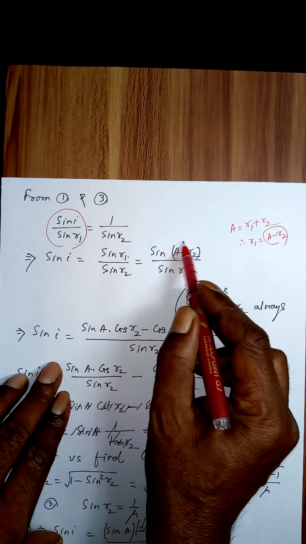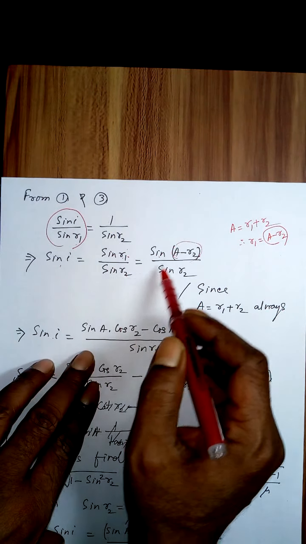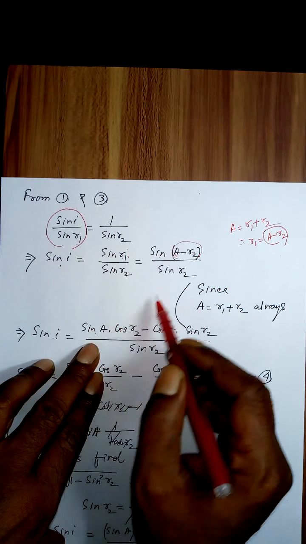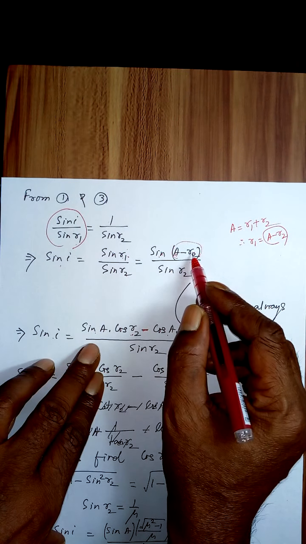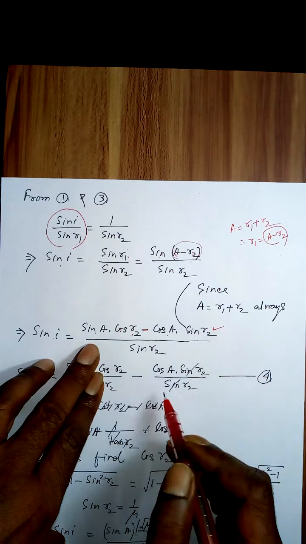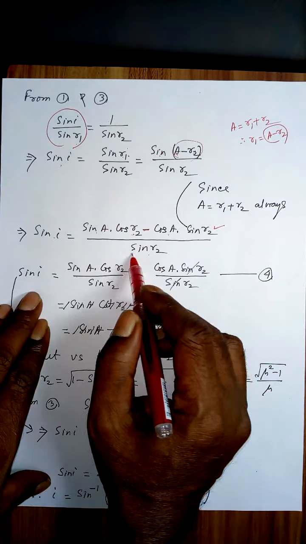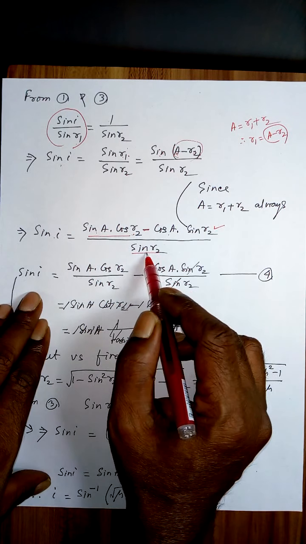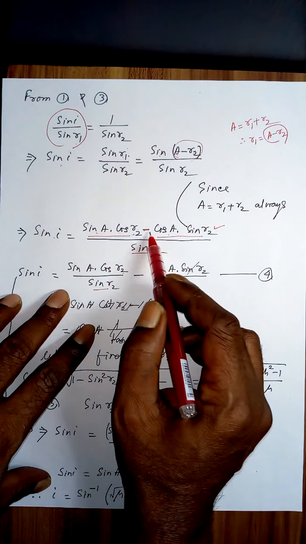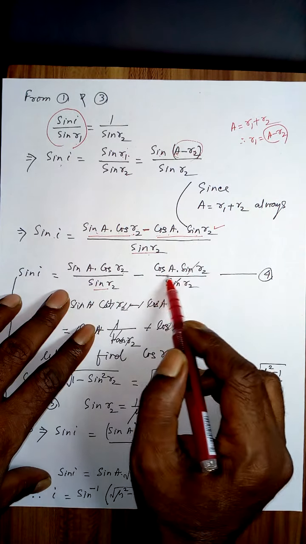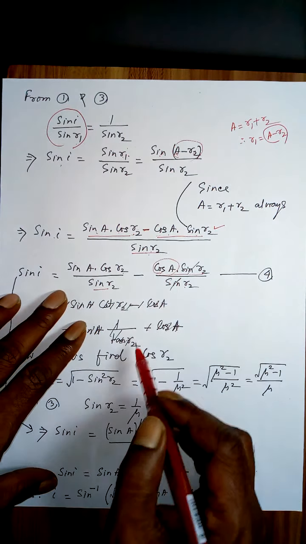This comes under the formula sine of A minus B, so I expand it: sine of A minus B is sine A cos B minus cos A sin B. That whole is divided by sine R2, so sine A cos R2 divided by sine R2 minus cos A sine R2 divided by sine R2. Sine R2 cancels, and I am left with cos A alone here.